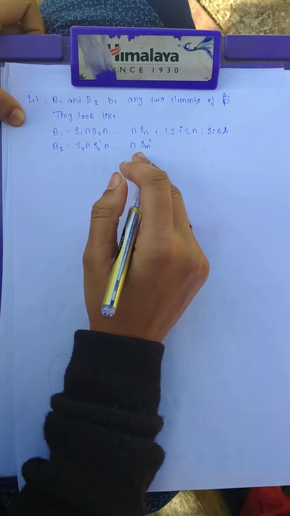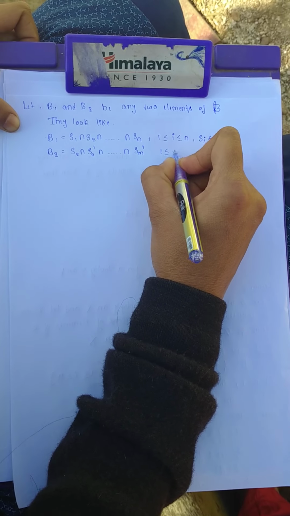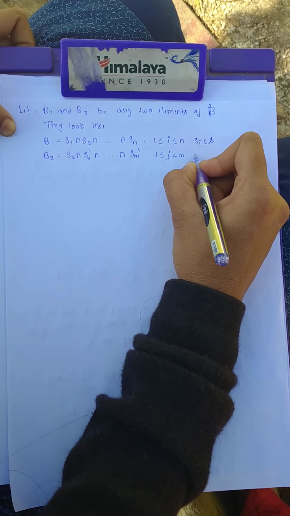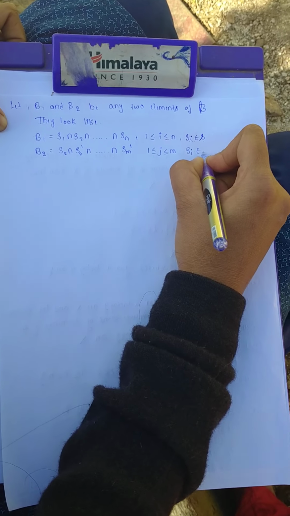Finitely many sets are here, for 1 less than or equal to j less than or equal to m. The Sj' are elements of S.